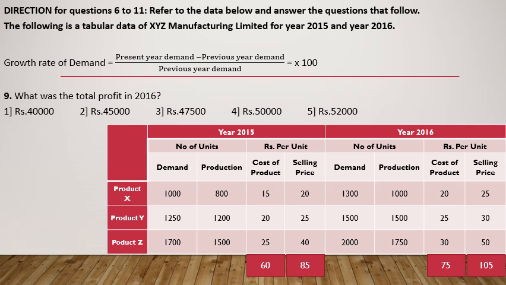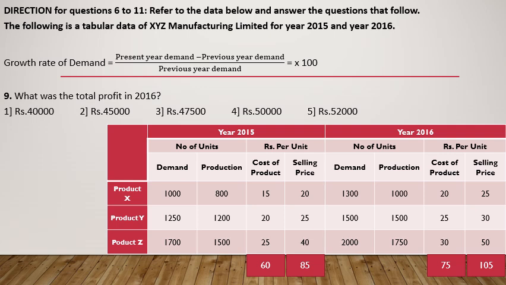So this will give us 110000. And if we check, the total selling price will be 25 multiplied by 1000, 30 multiplied by 1500, and 50 multiplied by 1750.